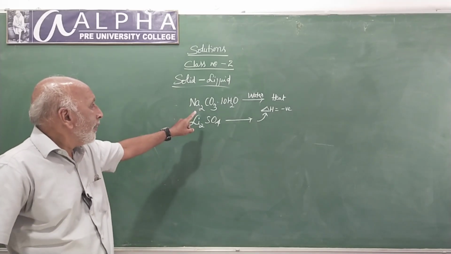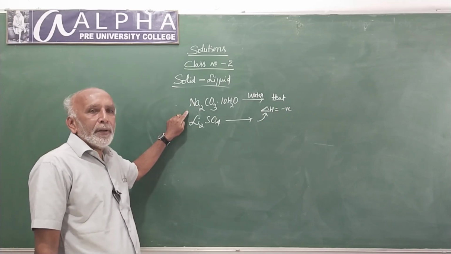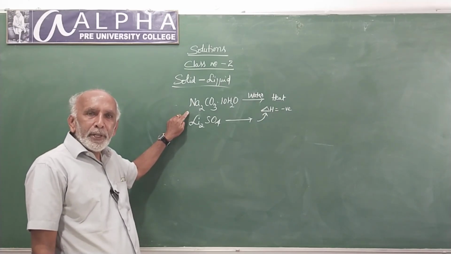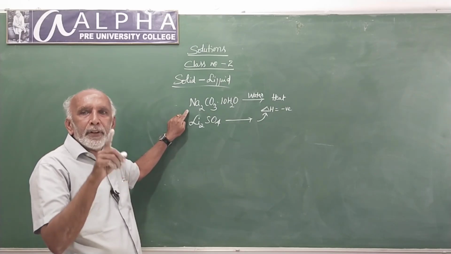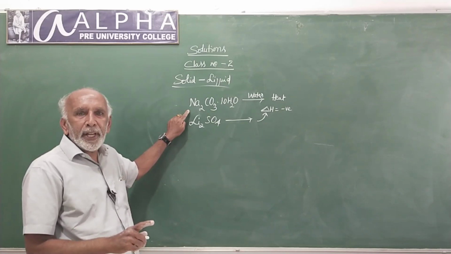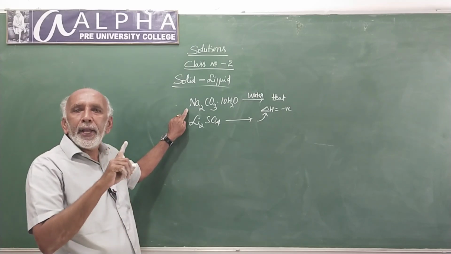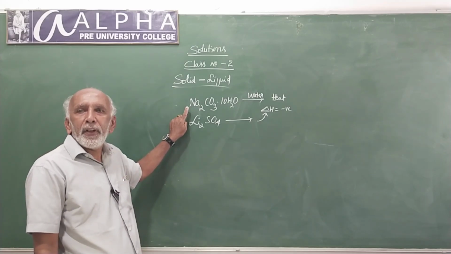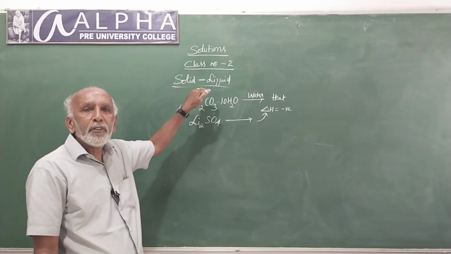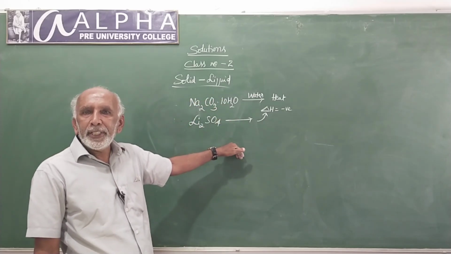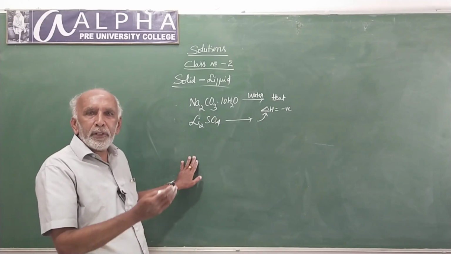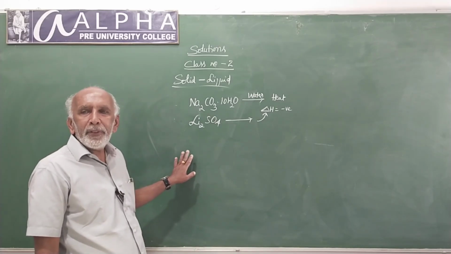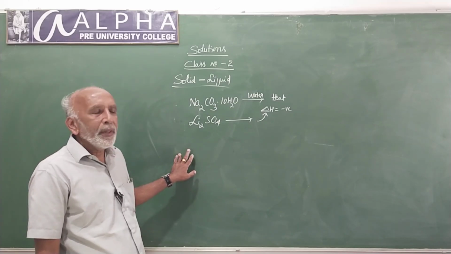So, if the dissolution of a solid solute in liquid is exothermic in nature, then rise in temperature is not favorable. On rising the temperature, solubility decreases because the equilibrium moves towards the left side. That means the reverse reaction occurs.